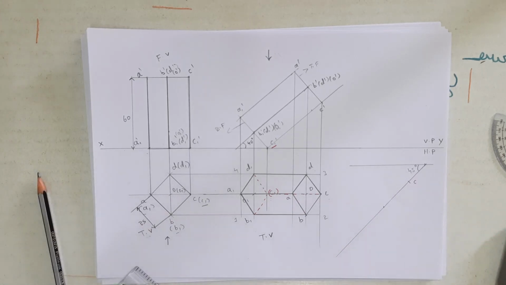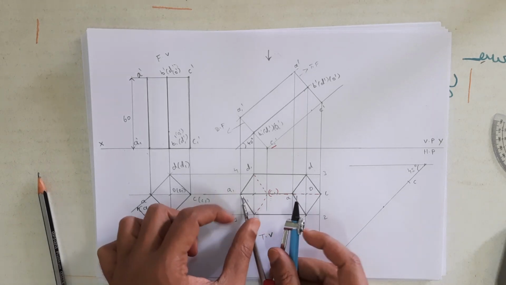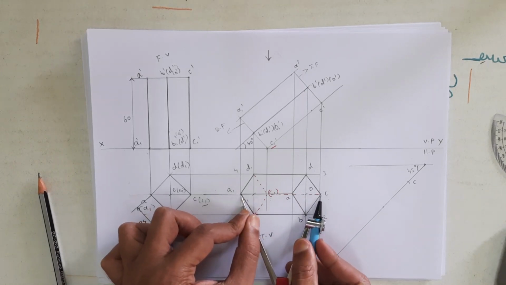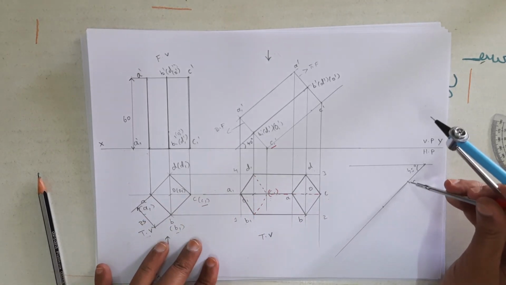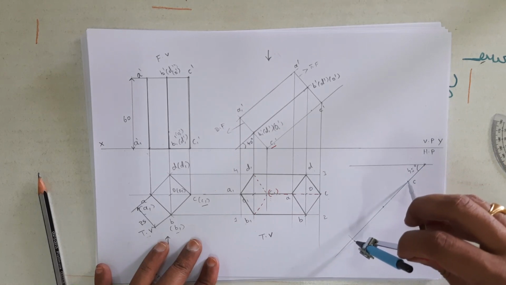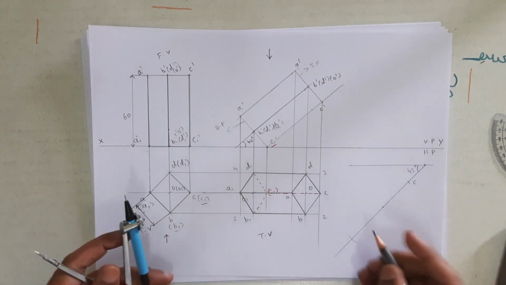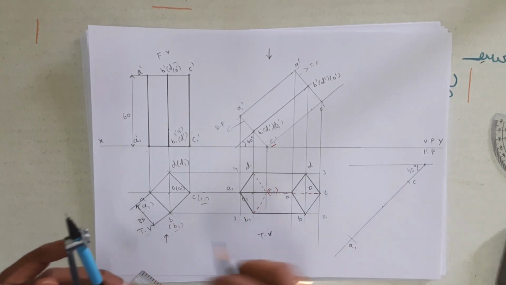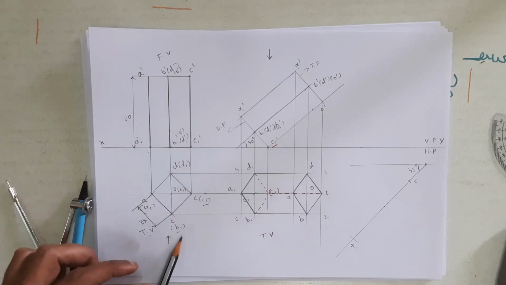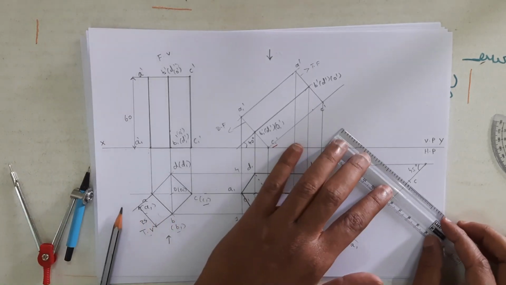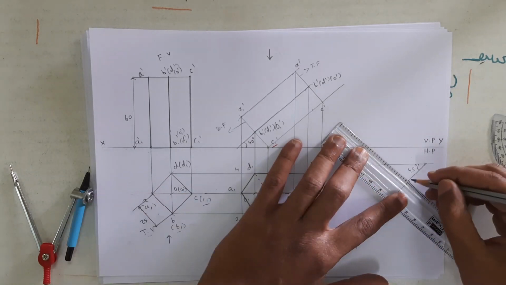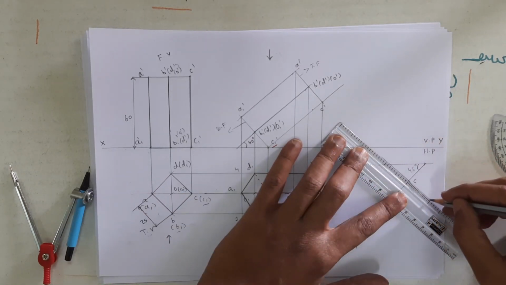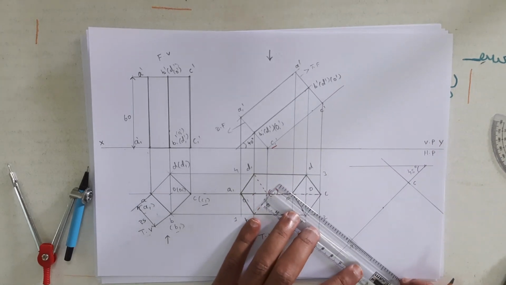With the help of compass I am going to measure the distance from A1 to C and cut the arc. So this is A1. Next I am going to draw perpendicular lines from here.